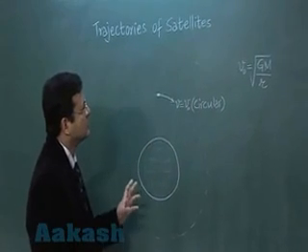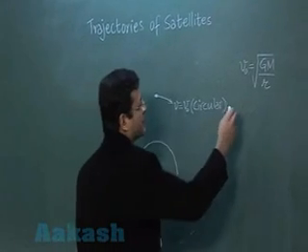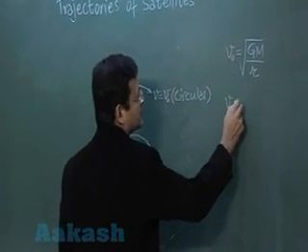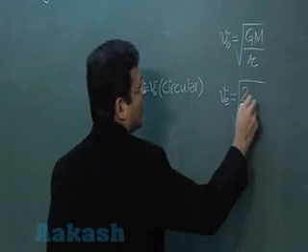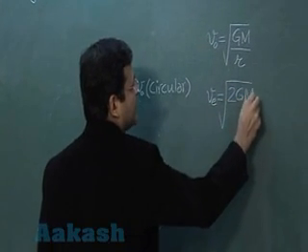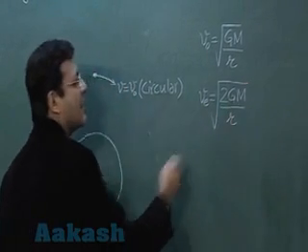Now in case its speed increases, you have already seen that the escape speed of a satellite is under root 2GM by r.